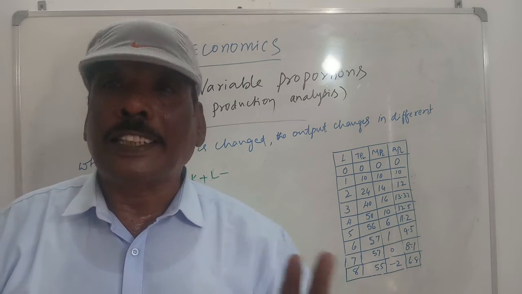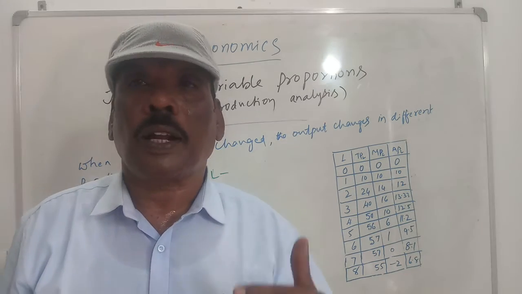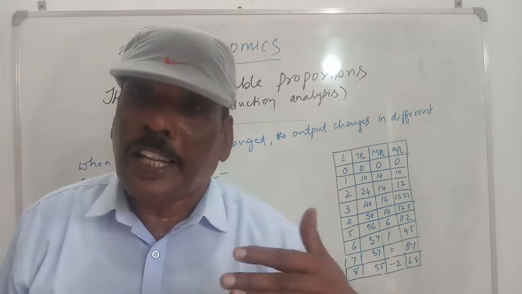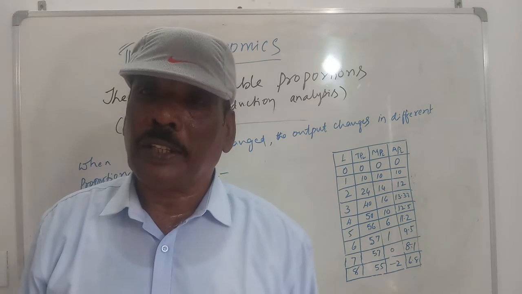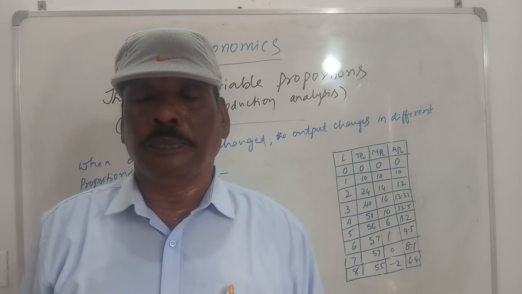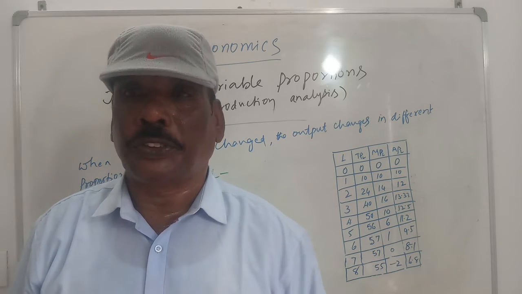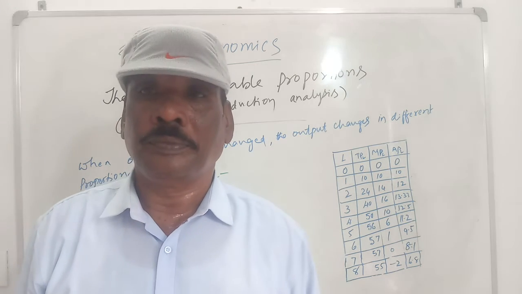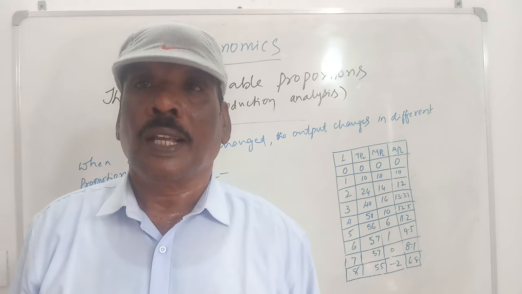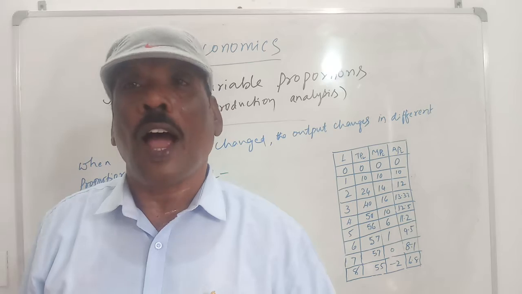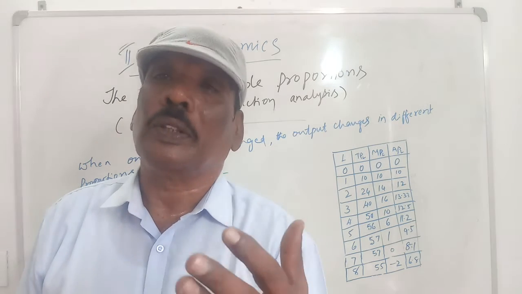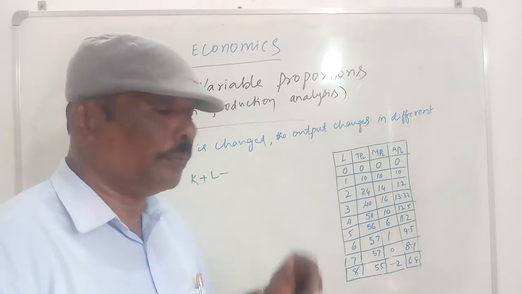The concepts of total product, marginal product, and average product have been explained in the previous video. Total product is nothing but the total quantity of production that is produced in a given year, or else just the summation of marginal product. If you add all the marginal products, you will get total product.